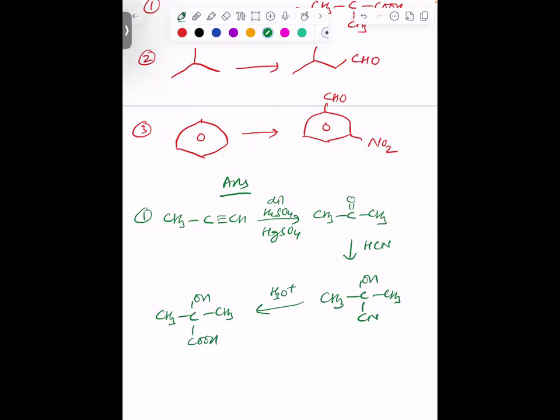For alpha hydroxy carboxylic acid, immediately it should come to mind that it is the hydration of cyanohydrin. First over.